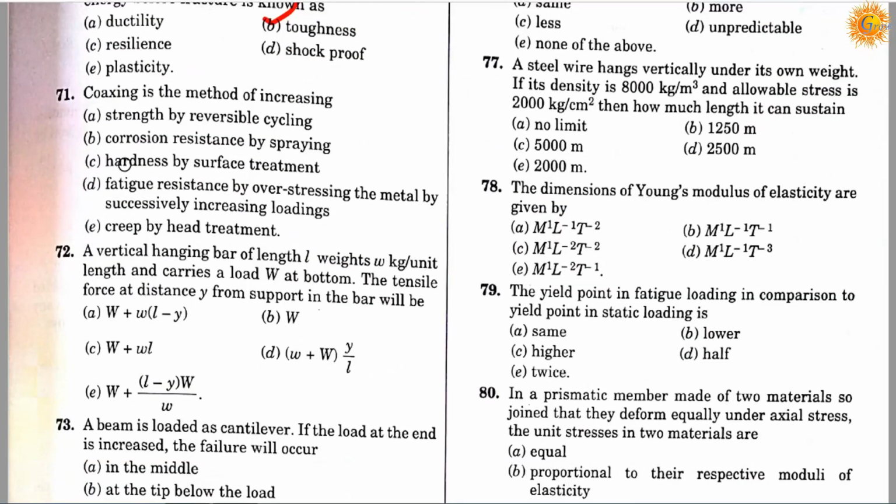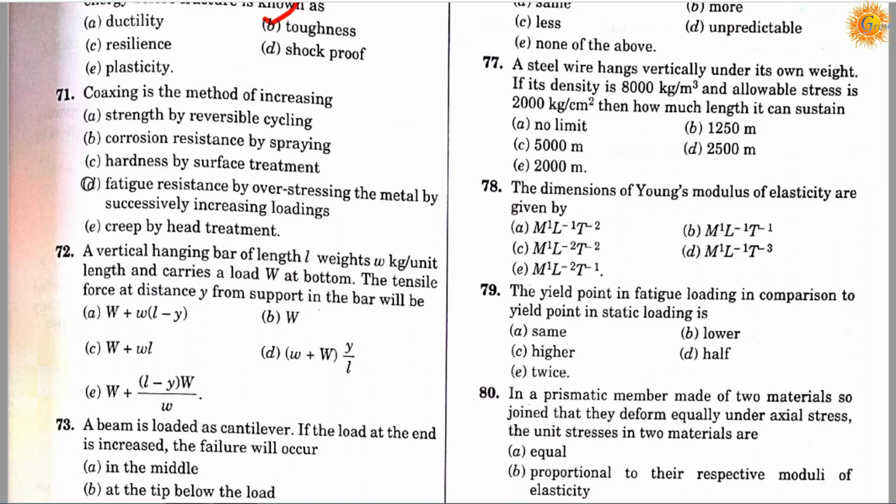Question number 71. Coaxing is the method of increasing: option A, strength by reversible cycling; option B, corrosion resistance by spraying; option C, hardness by surface treatment; option D, fatigue resistance by over stressing the metal by successively increasing the loadings; option E, creep by heat treatment.